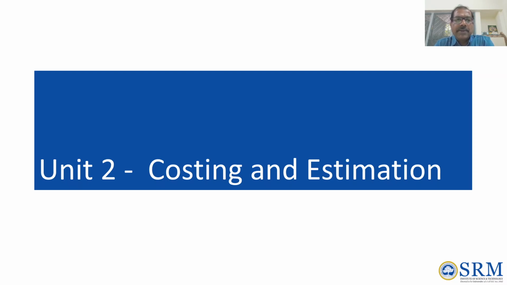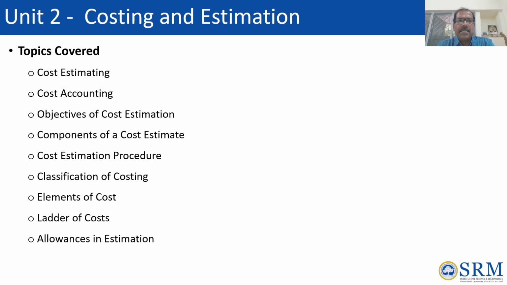So what is the content available under costing and estimation? These are the topics covered. We'll be giving a basic introduction about cost estimation and what cost accounting is initially. Then we'll go deep dive into the objectives of cost estimation with some case studies, components of cost estimate and cost estimation procedure.